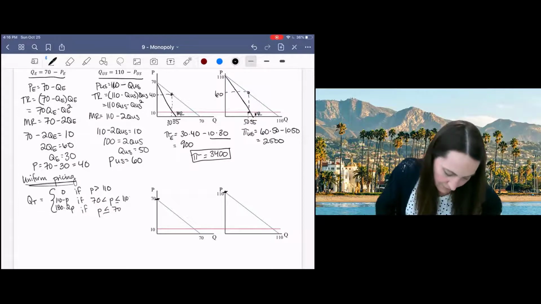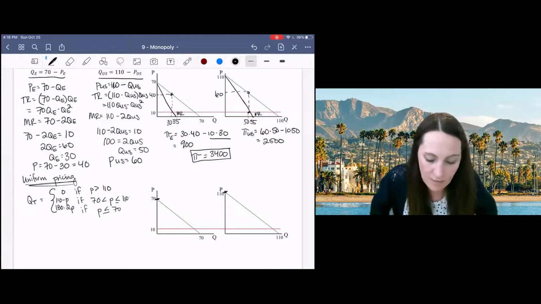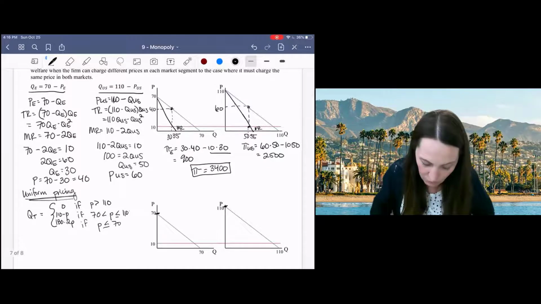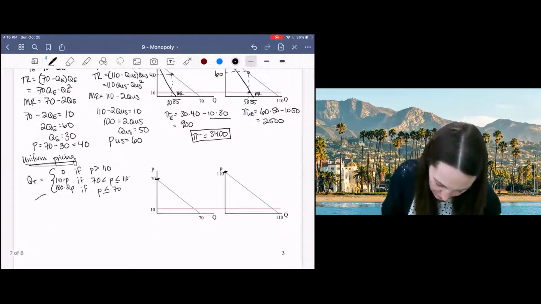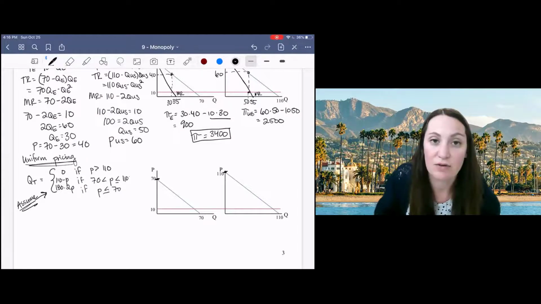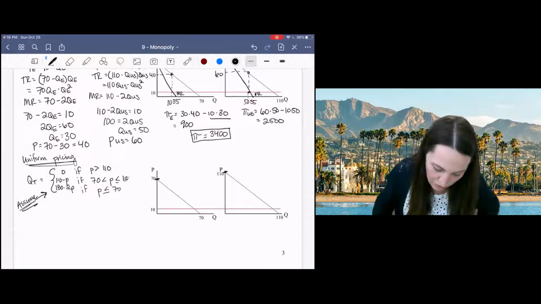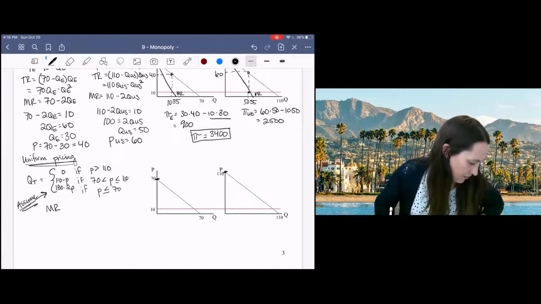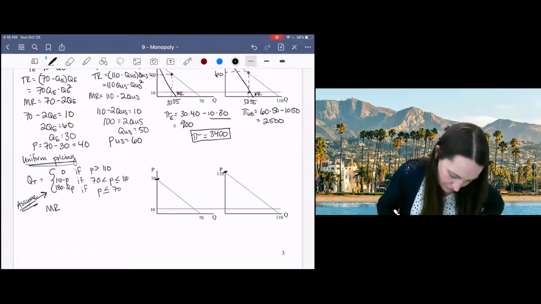So we don't know exactly where we are on this market demand curve. What we'll do is we will assume we are here, and then we'll just check it once we get an answer for price. So we'll assume we're on the combined market demand curve, and then we'll calculate our marginal revenue.